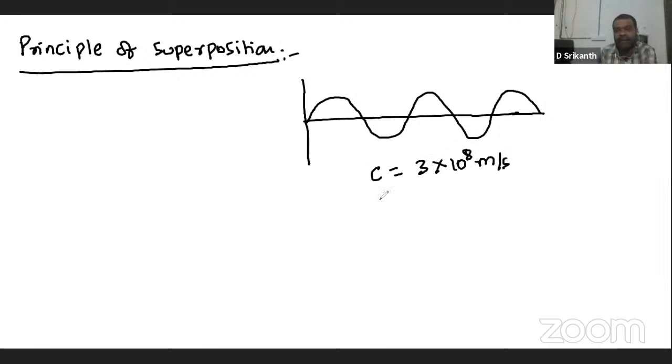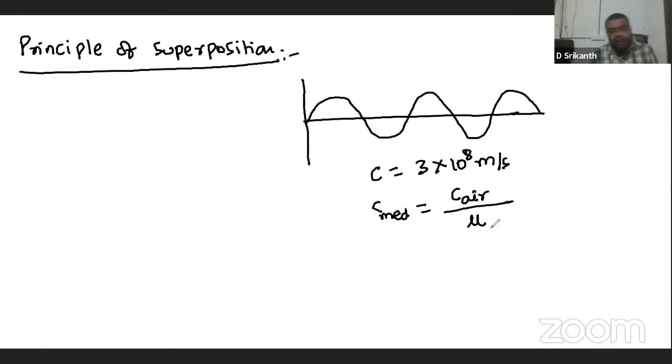If it is traveling in a medium, then we compare the speed of light in air with the speed in the medium, by the property of the medium. The property of the medium is explained by the refractive index. In electricity, the property of the medium is permittivity, whereas in magnetism, the property of the medium is permeability. In optics, the property of the medium is mu.